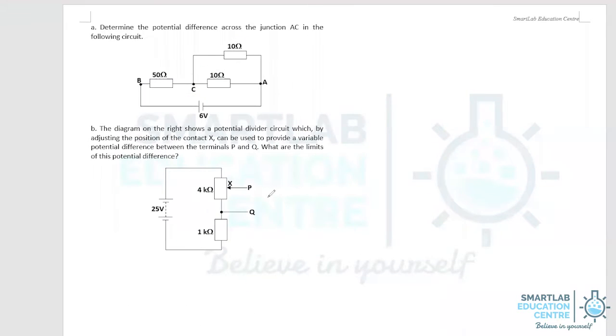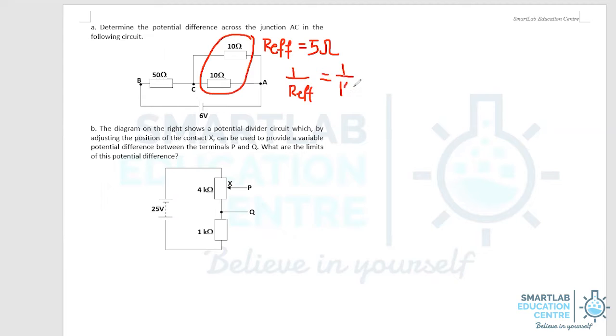So let us take a look at some examples. One example that we could look at is this. These two resistances are in parallel. So R effective in this case will work out to be 5 ohm, because 1 over R effective is 1 over 10 plus 1 over 10.